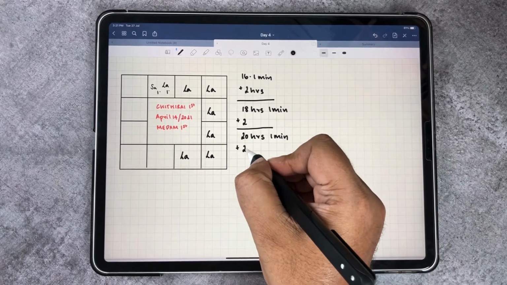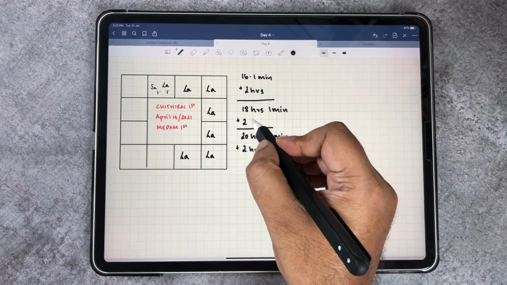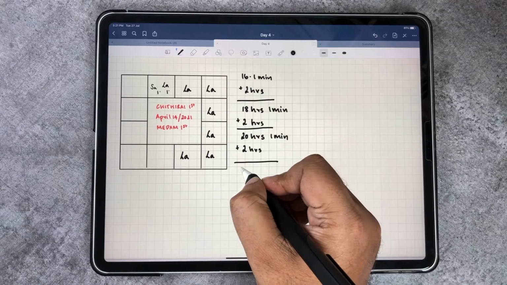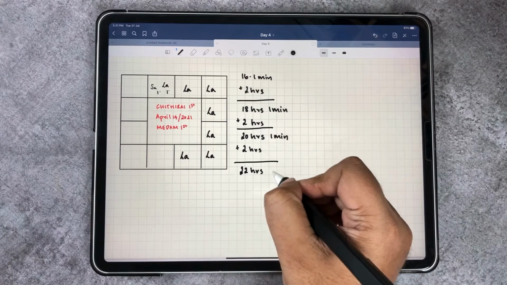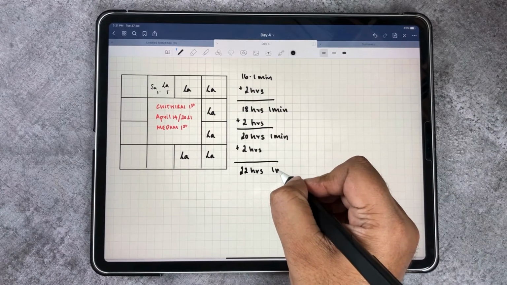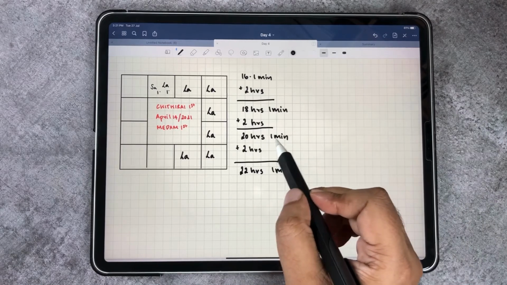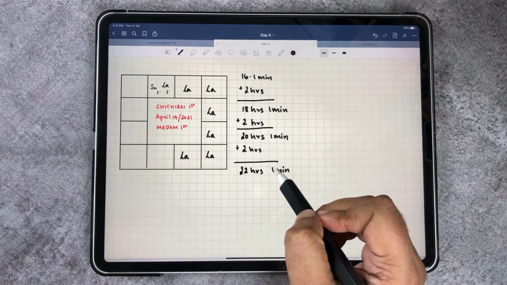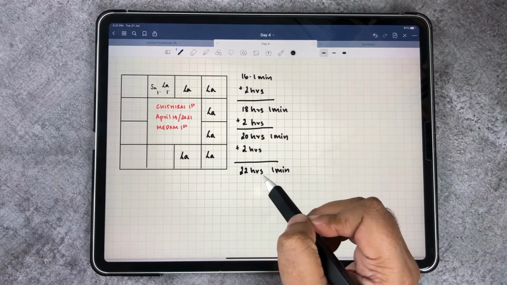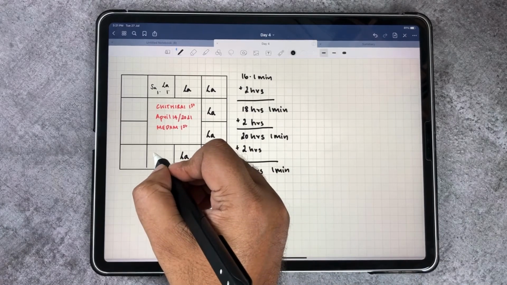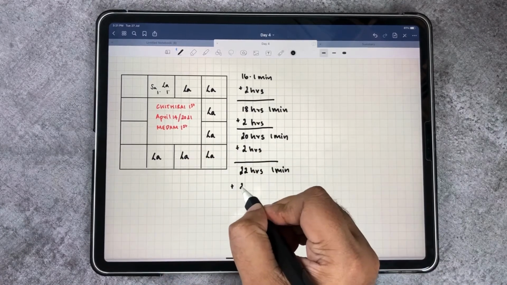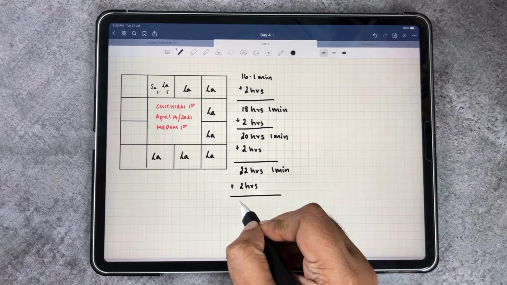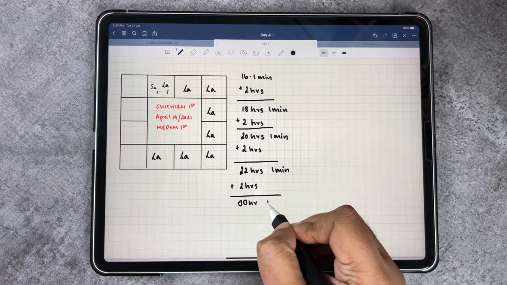Add another 2 hours. So you would get 22 hours 1 minute. So from 20 hours 1 minute, that is 8:01 pm in the evening, to 22 hours 1 minute, that is 10:01 pm in the night, you will have Vrishchiga Lagnam. Add 2 hours. You will get 00 hours 1 minute.